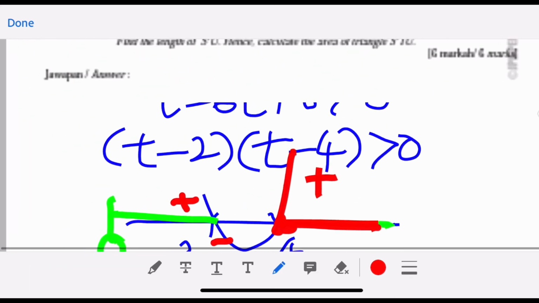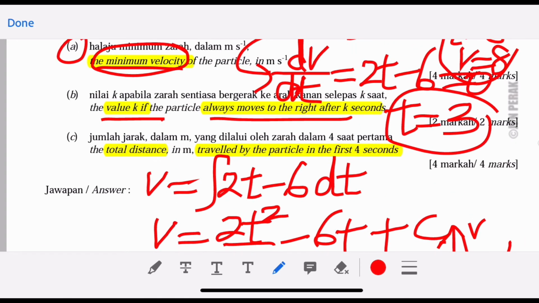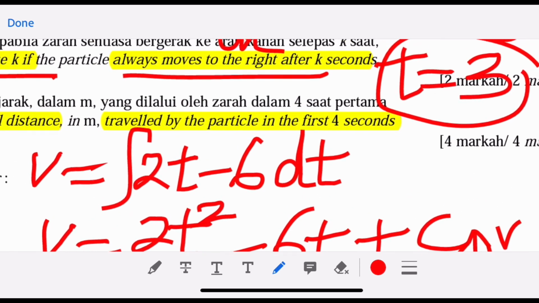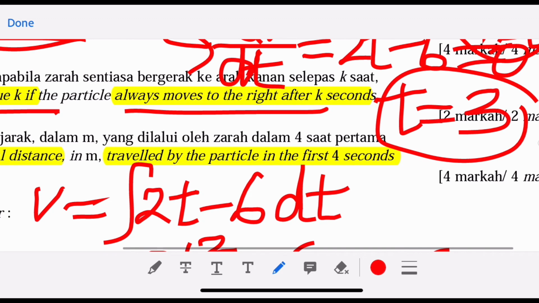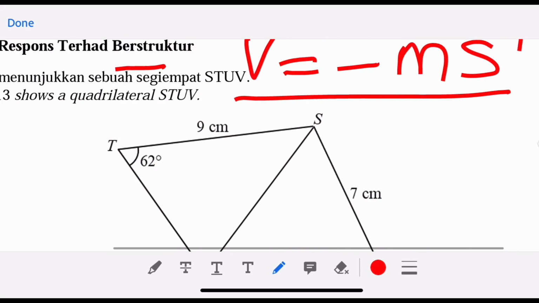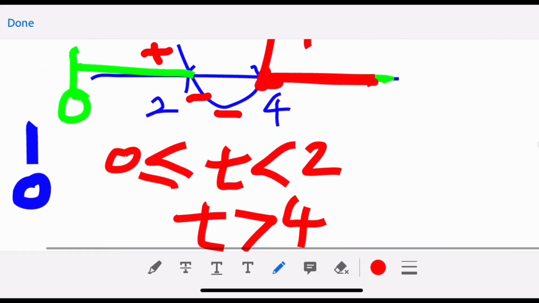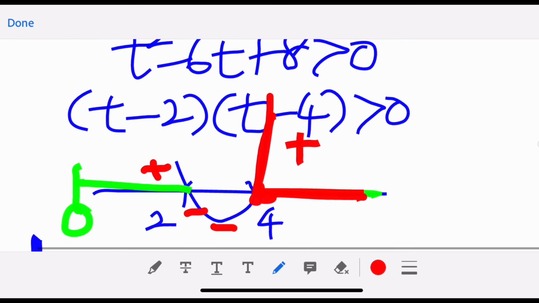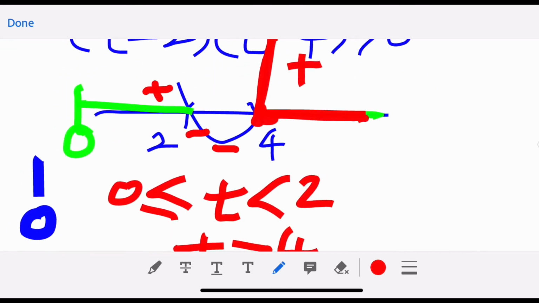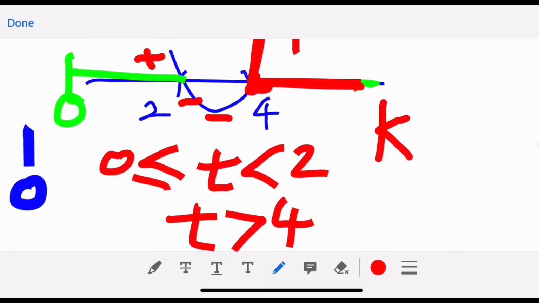So if the question is asking for always positive, you see the keyword is move to the right, always move to the right after k seconds. So k should be 4. If you look at the graph, it will be always positive here. So k will be more than 4.